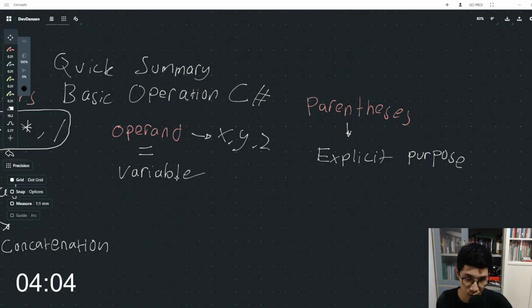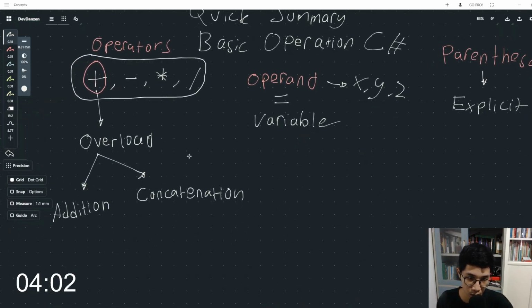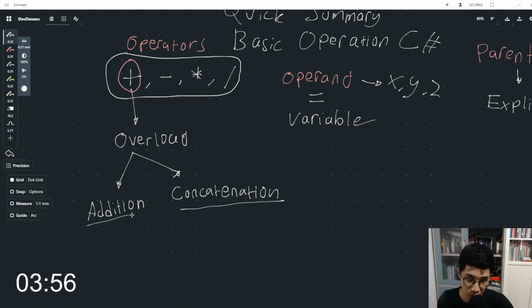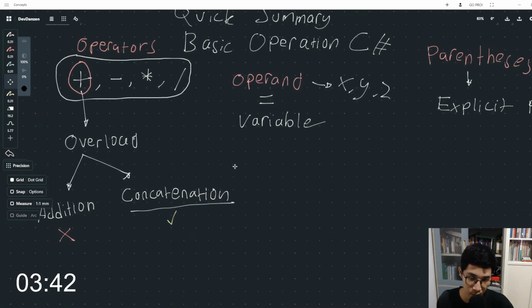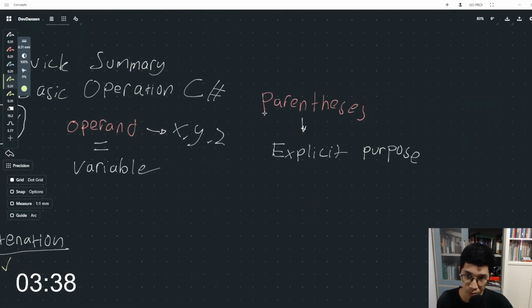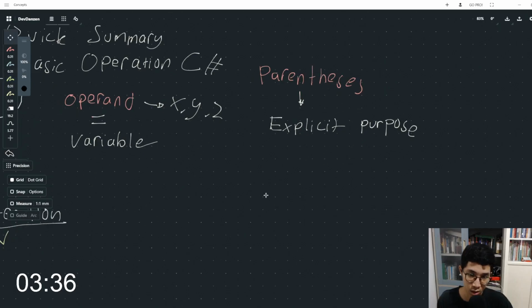All the plus signs are counted as concatenation, the addition is ignored. They will read the plus as a concatenation first. Because of that, you need to put in the explicit purpose, which is the parentheses.